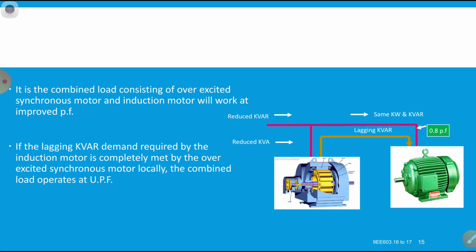Combined, it becomes unity power factor. It should not be lagging, it should not be leading. I require UPF, unity power factor, which can be met by controlling the DC excitation to the rotor of the synchronous motor. The power factor is improved from some angle to another angle.